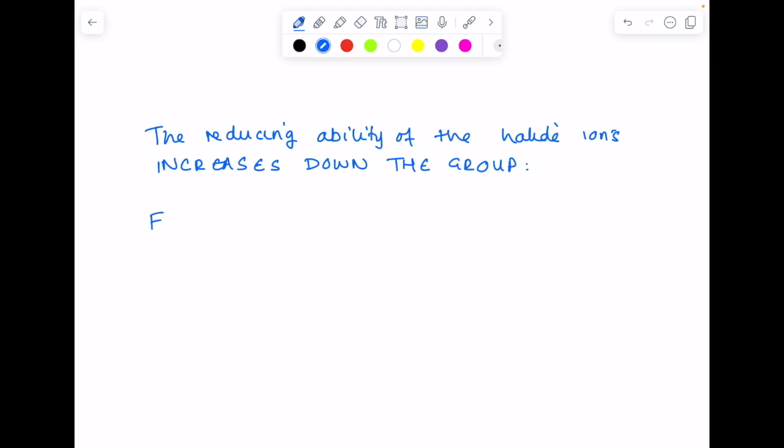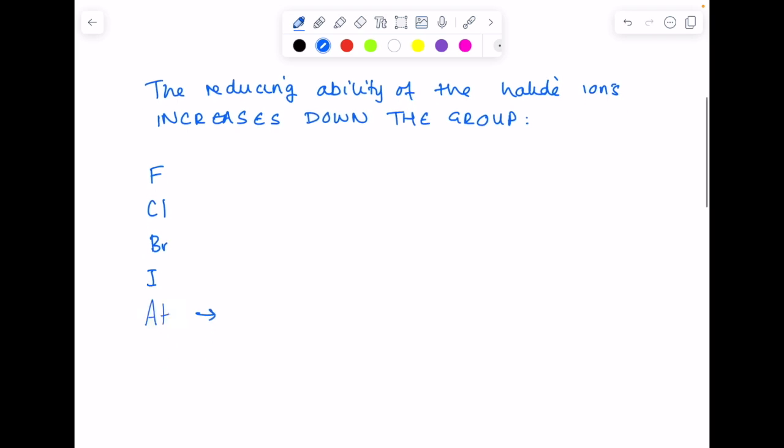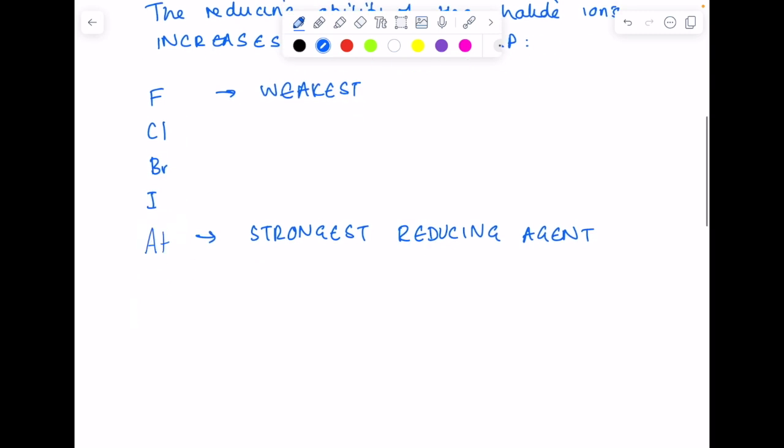So if we consider the elements, fluorine, chlorine, bromine, iodine, astatine, by definition, astatine is the strongest reducing agent. Whereas fluorine is the weakest. But what is our explanation for that?